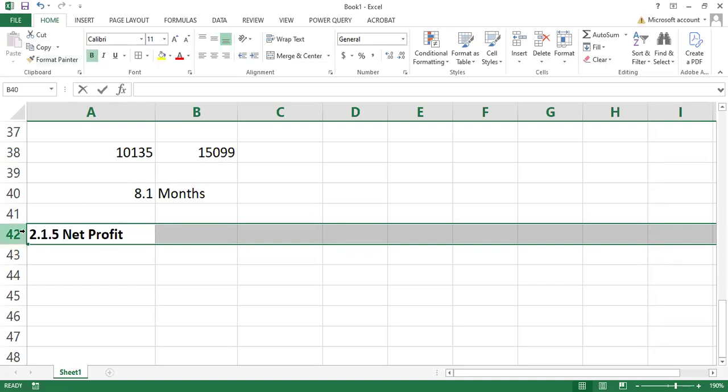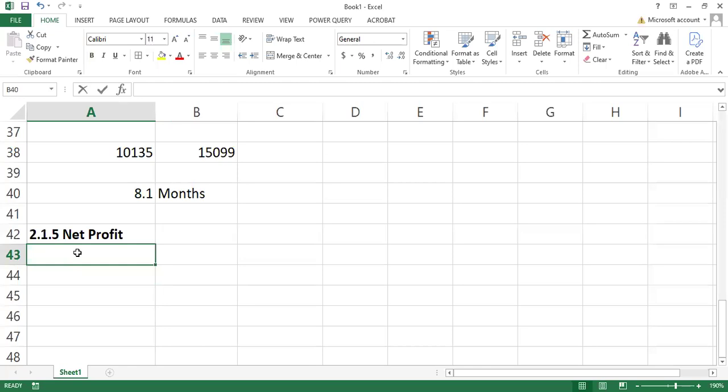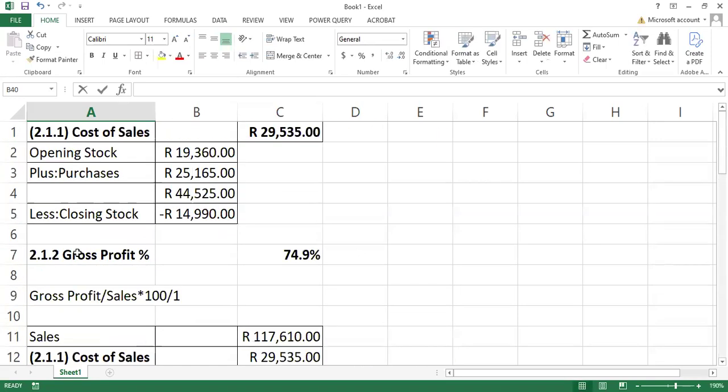That's what we want. So first thing first, we need to be very careful. We need to write cells because we need to start from the top.